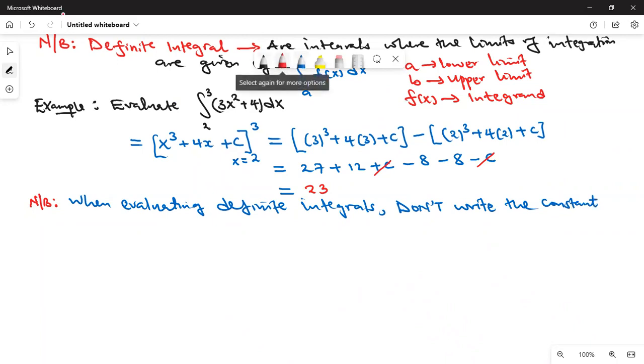And our constant is C. Don't write the constant C of integration.